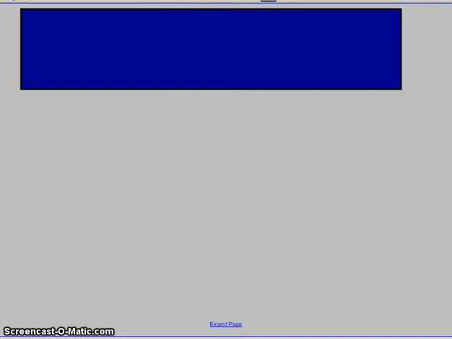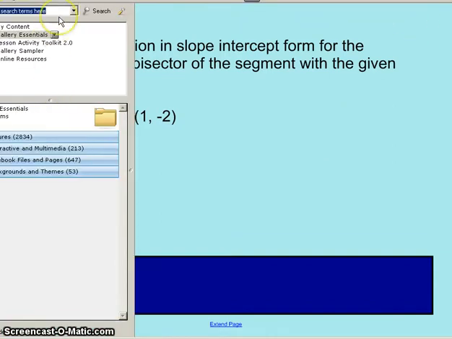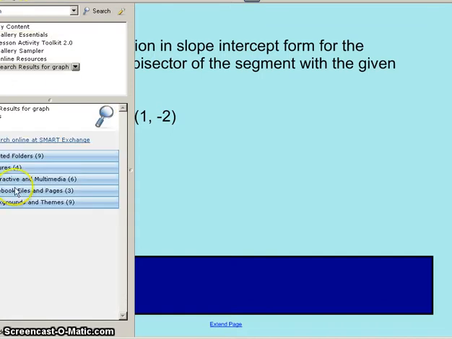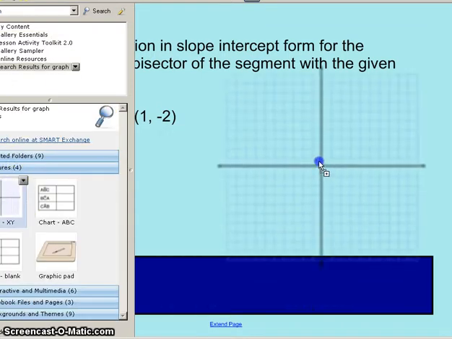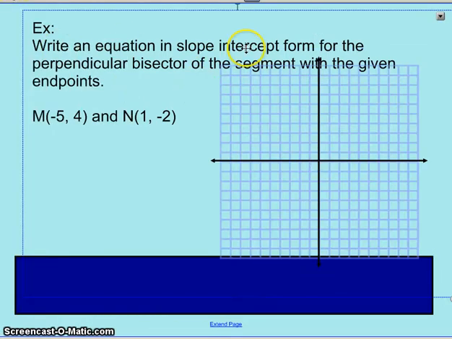Alright, moving on here. Regular class would be doing that. We'll move on, and we've got kind of a tough little problem right here. I think for this problem we might want to pull up the old graph and put it in here. Just like so. And it says write an equation in slope-intercept form for the perpendicular bisector of a segment with the given endpoints.